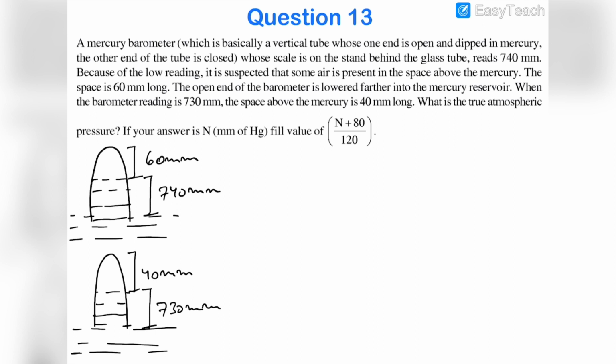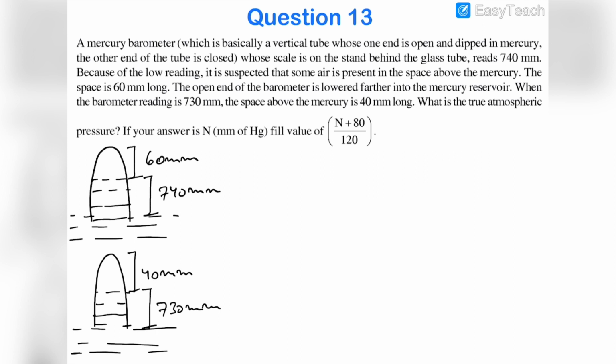Now we have pressed this barometer down in the mercury. So we observe that the mercury level becomes 730 mm, while the air trapped in it becomes 40 mm.